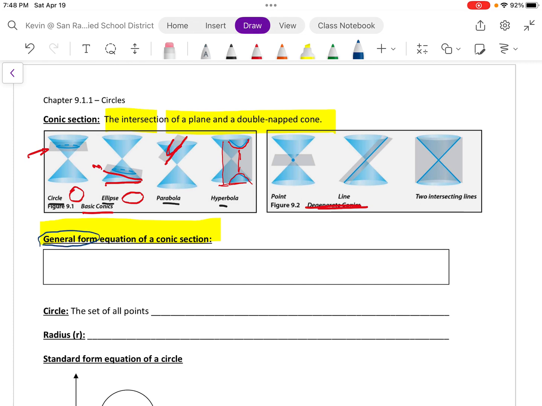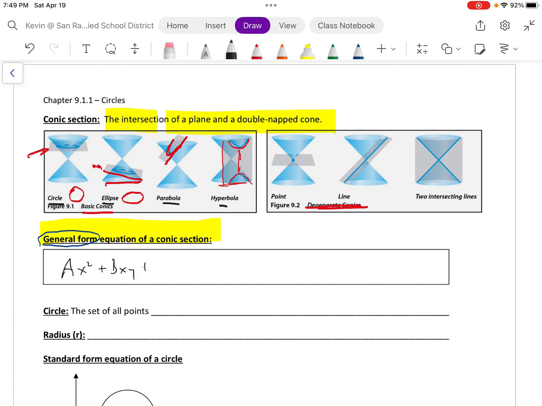So the general form, and we'll be talking about general forms and standard forms, right now we're talking about the general form of a conic. All of these shapes can be written with the same equation. It's just what the coefficients are.